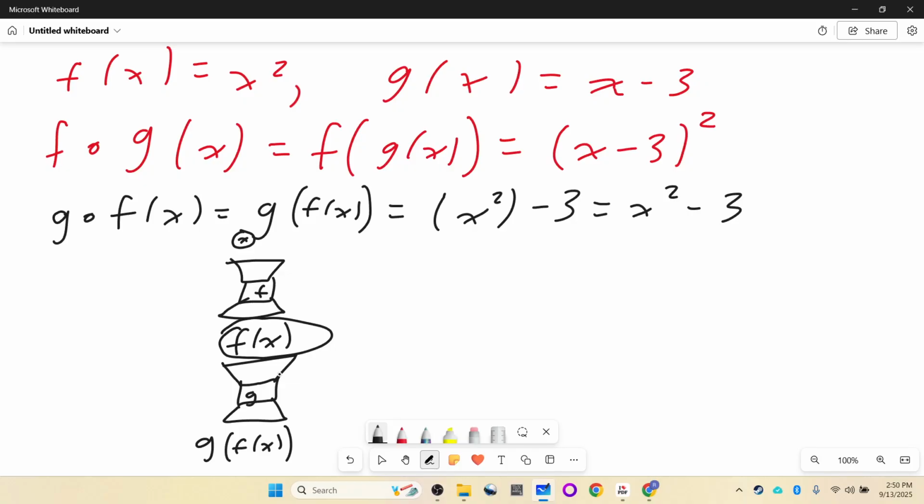This is a new function. The point is, if we were repeatedly having to do two different operations in a row, like first you have to square, then you have to subtract 3, we can combine them into a single function and save space because we don't have to write out so many steps.